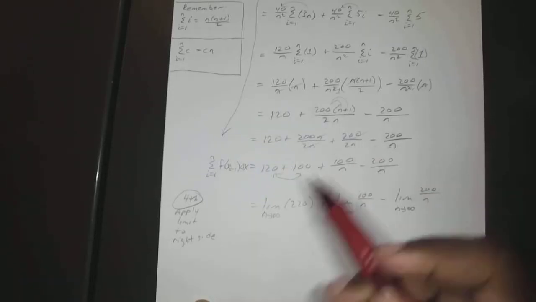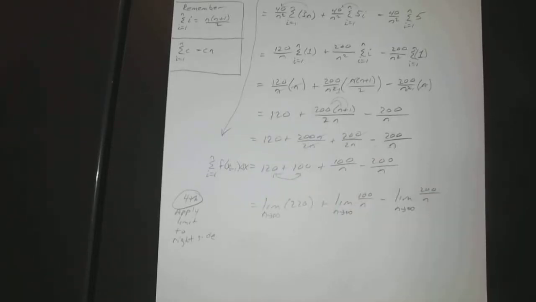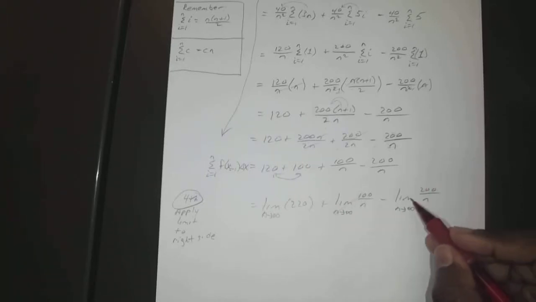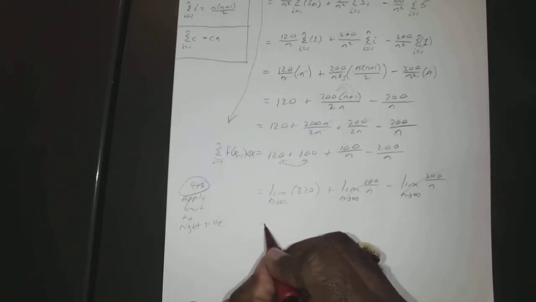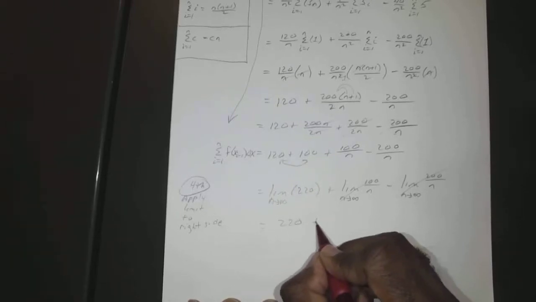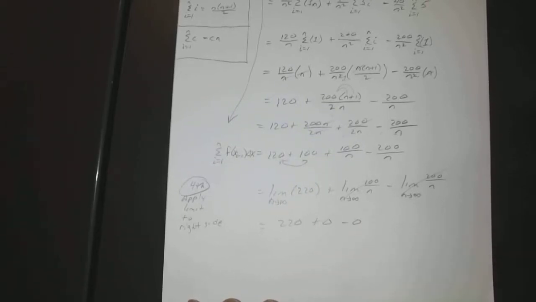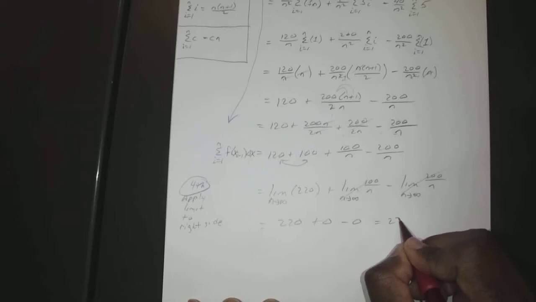Nope, 1 over n. End of the day, I'm tired. All right, so this actually becomes 0, and that limit is 0. So you have 220 plus 0 minus 0, which is 220.